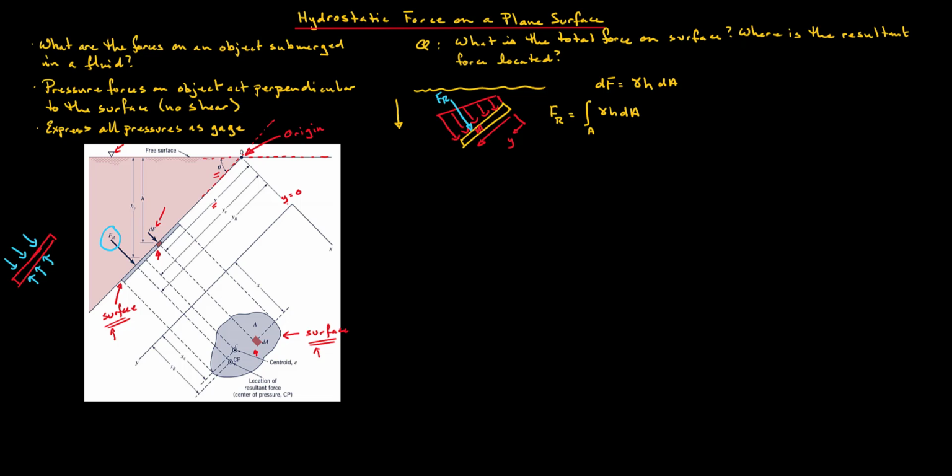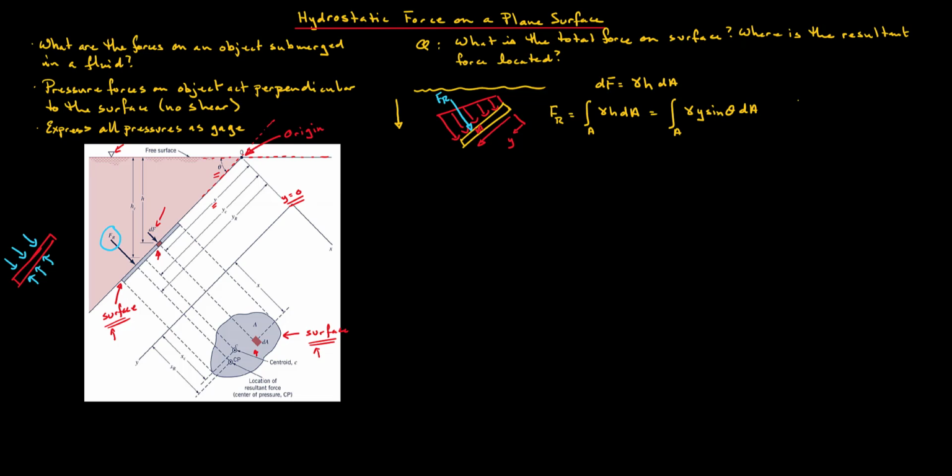It makes more sense to express it in terms of y. Okay, so we've set up our coordinate system over here. So we can express h as y sine of theta. And why this is useful is because y, our coordinate y, is aligned with our plane surface.